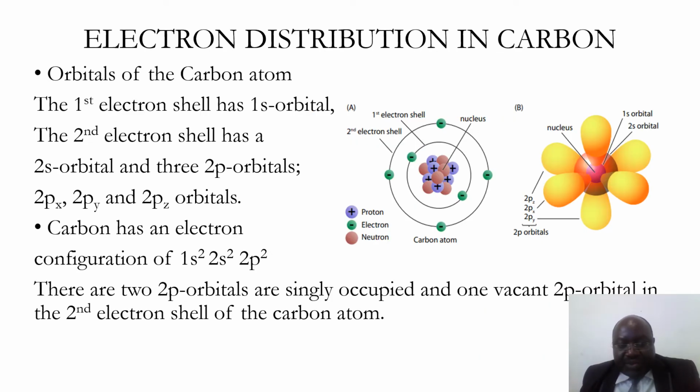When it comes to electron distribution, we can take an example of carbon. Carbon is an atom that has 6 electrons, 6 protons, and 6 neutrons. That is the normal carbon. But carbon has an isotope.